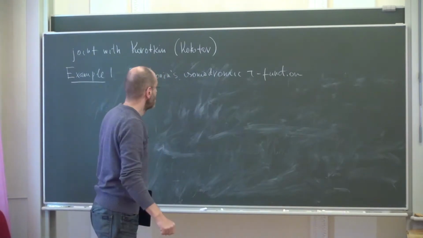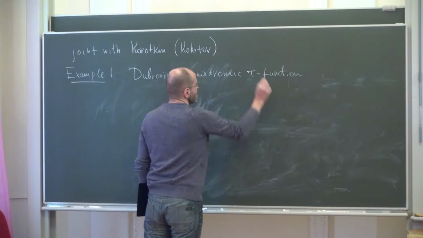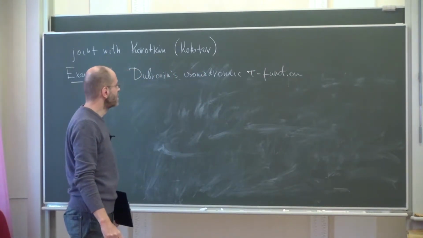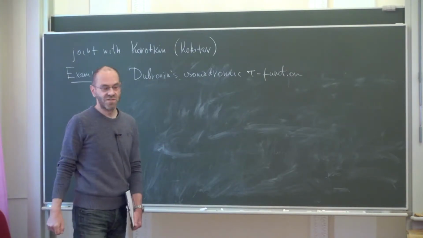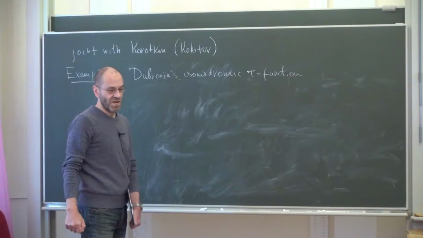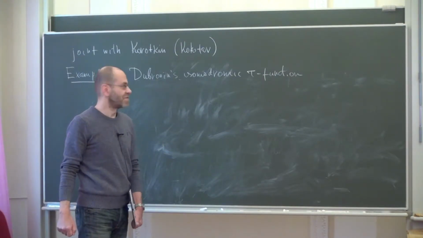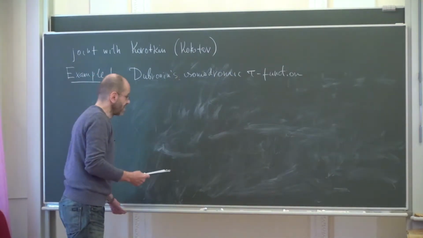It appears in an isomonodromic problem that is relevant to Dubrovin's construction of Frobenius manifold structure on the space of meromorphic functions on Riemann surfaces. So let me define it carefully.